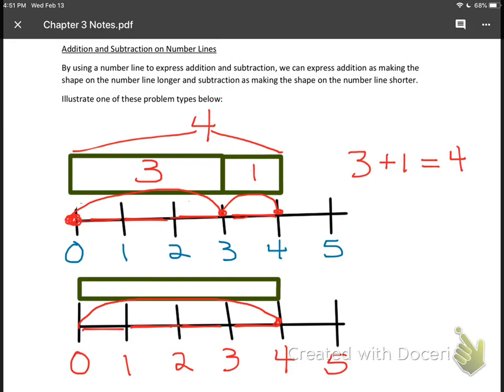So we're going to go from 4, and we're going to jump back 2 more. So let's go to 2. So what should we do now? Well, let's indicate that we now have a box that starts at 2 and ends up going back.